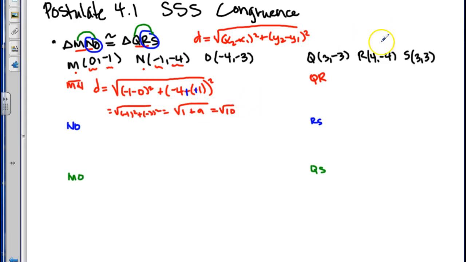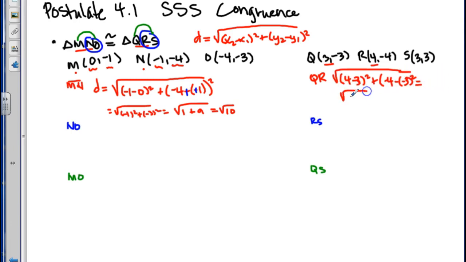All right, now I want to look at QR. So I have the square root, and we're looking at these guys: 4 minus 3 squared plus -4 minus -3 squared.